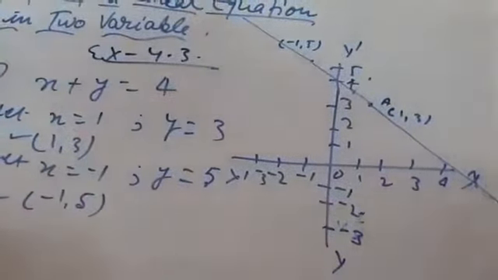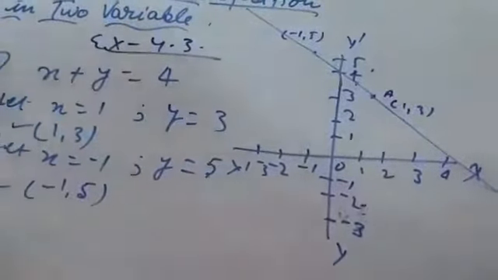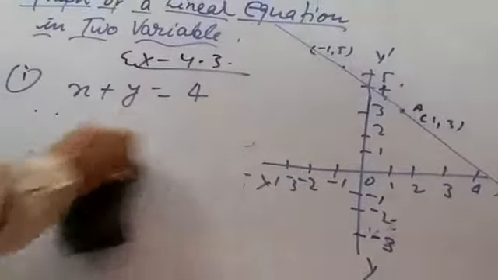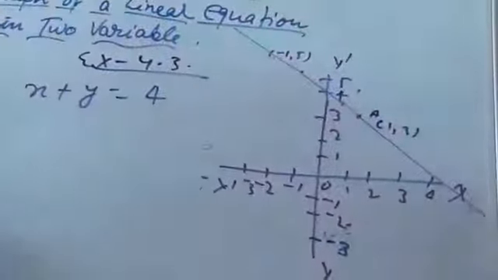You can also find more; whatever solution you find would be lying on this line only. Let us look at some more solutions apart from these 2 and see how they also lie on this line.